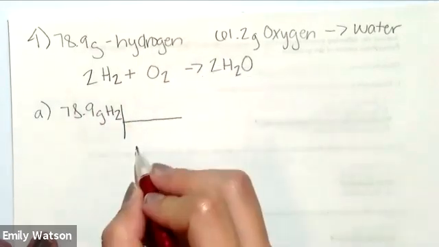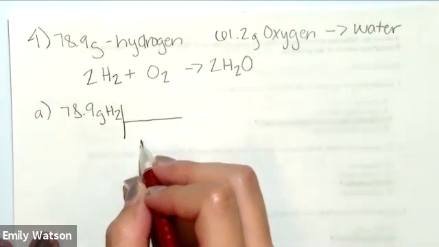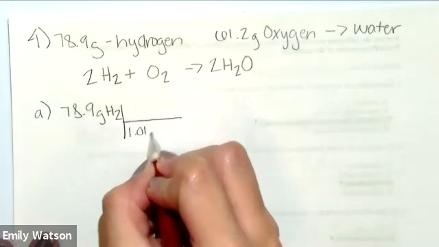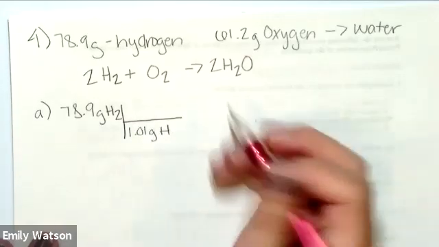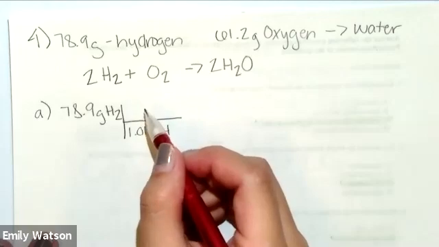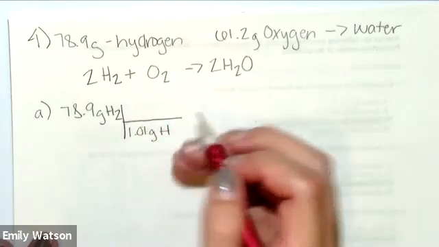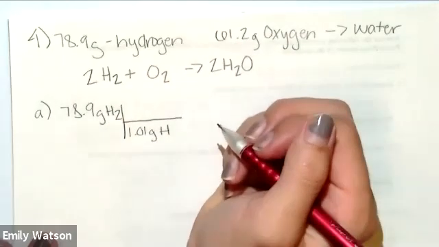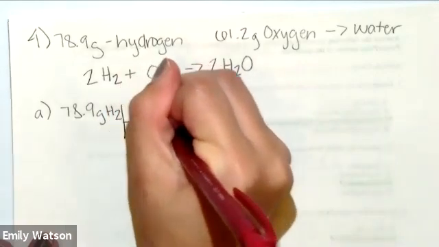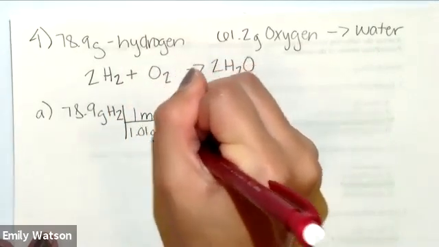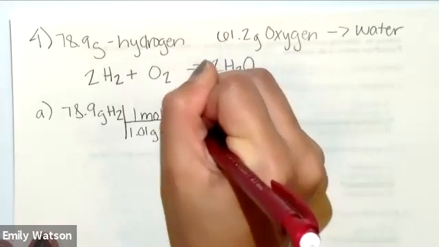What's going to go on bottom? Grams. 1.01 grams of hydrogen. And on top? Moles. 1 mole of H2. I'm sorry, I forgot the 2 here.